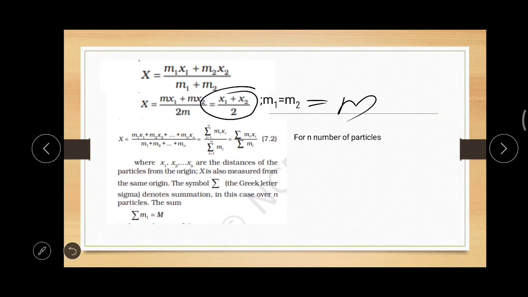If you have n number of masses, then that is m1 x1 divided by (m1 plus m2 plus etc. up to mn), that is the total mass, plus m2 x2 divided by (m1 plus m2 plus etc. up to mn), the total mass again.